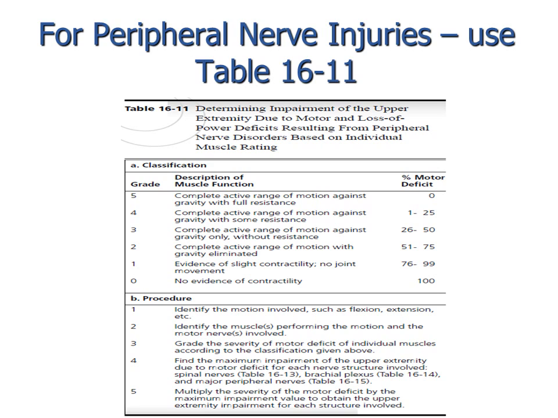And notice again that Table 16-11 uses the 0 to 5 grading scale. It uses the 0 to 100% scale. It also uses the descriptive scale. So let's review these very quickly. Again, the key pivotal grading scale to be familiar with is the grade 3.